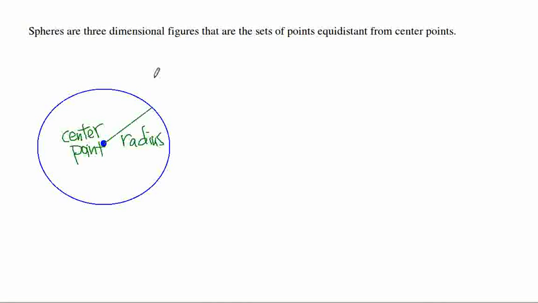Now, I'd like to state the most important formulas to remember for spheres, okay? If we denote the radius by the variable r, then the volume of a sphere of radius r is 4/3 pi r cubed.